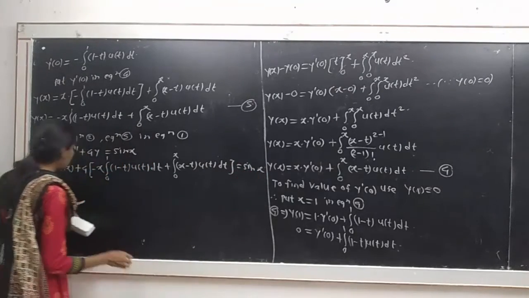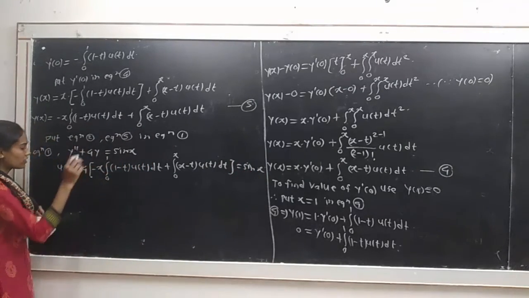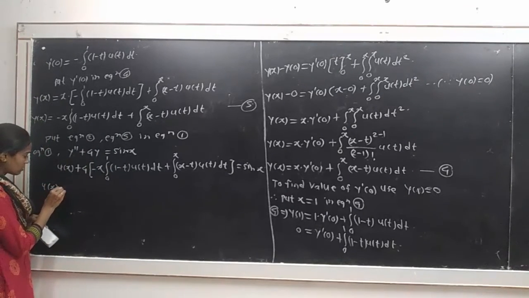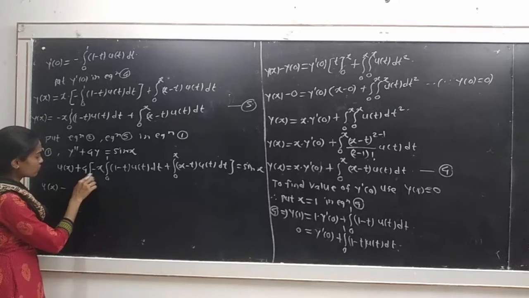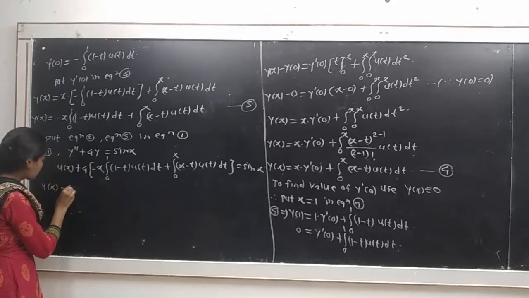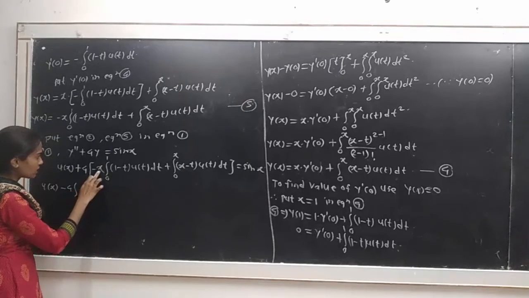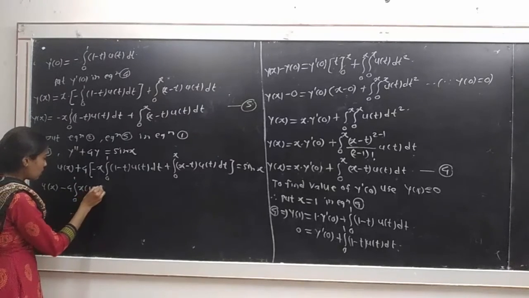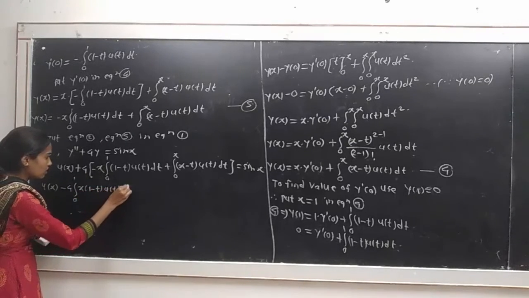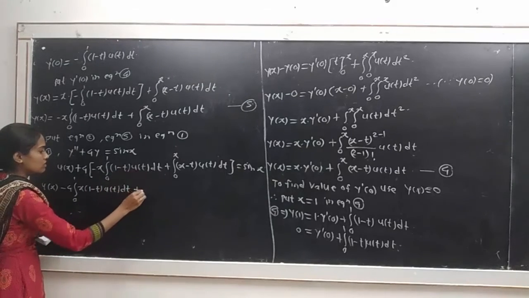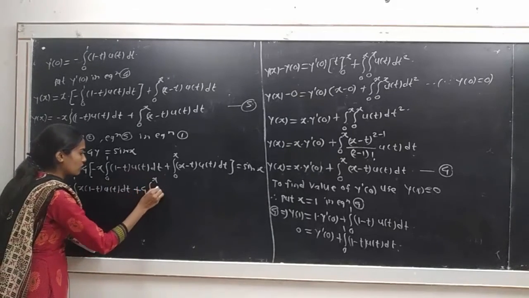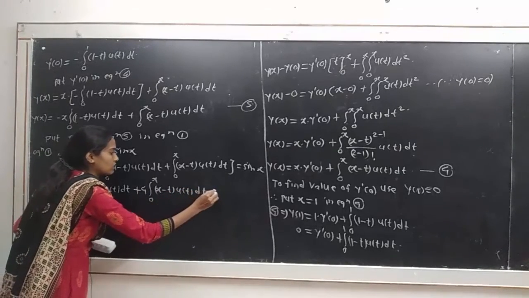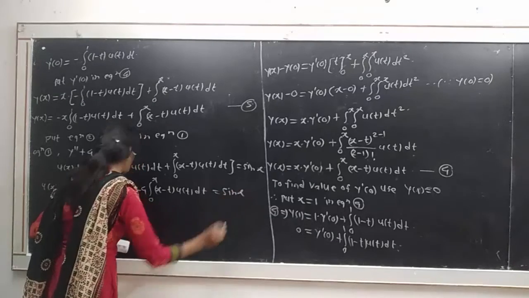is equal to sin x. Then we simplify this equation to get the Fredholm integral equation, that is u of x minus, we multiply this 4 inside the bracket, we get minus 4, and we write this x inside this integration, that is from 0 to 1 x (1 minus t) into u of t dt plus this 4 integration from 0 to x of (x minus t) into u of t dt is equal to sin x.